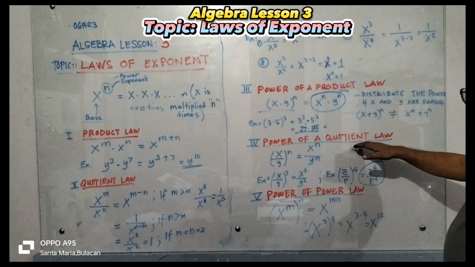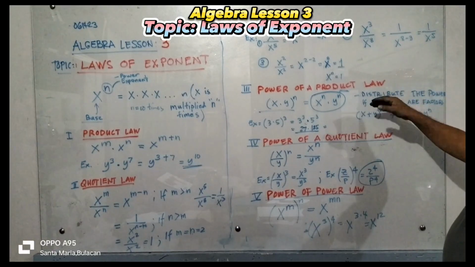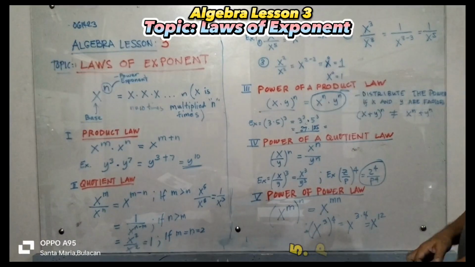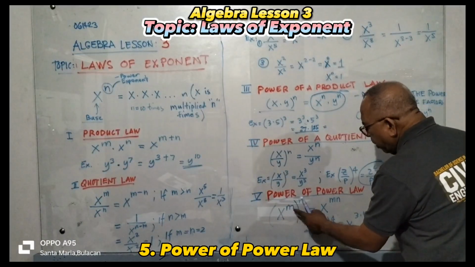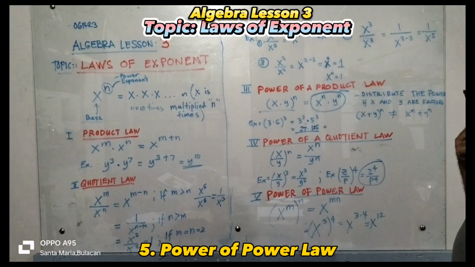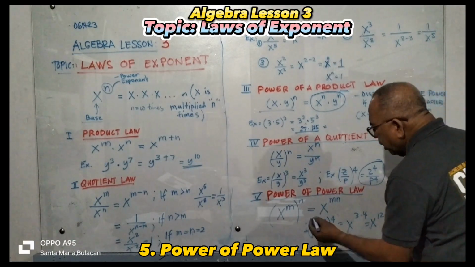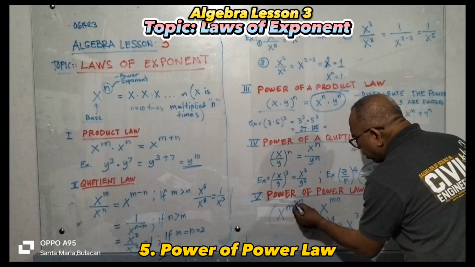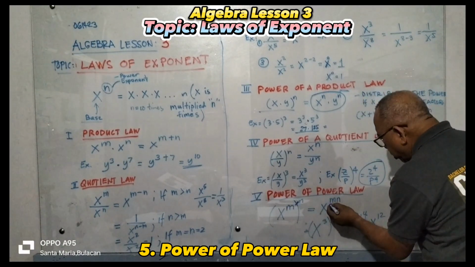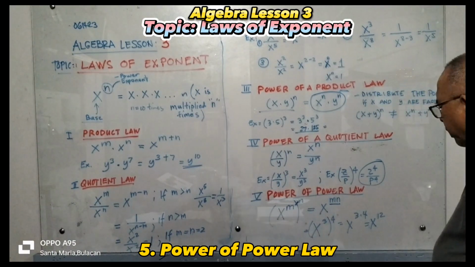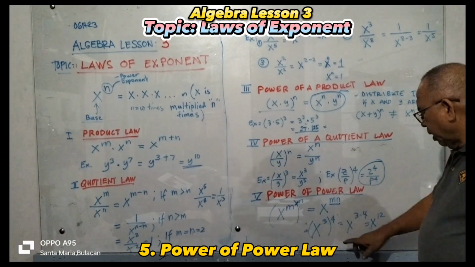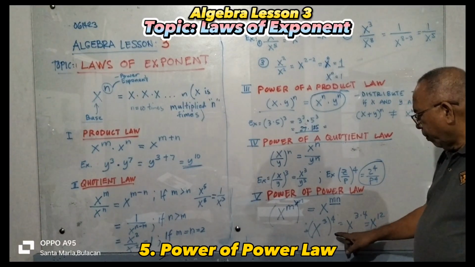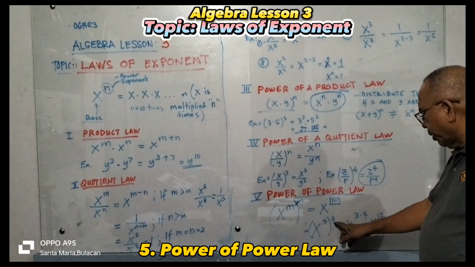So tandaan natin, power of a quotient, power of a product, then power of power. So, ibig sabihin, may power na ito, may power pa sa taas. So, anong gawin mo daw dito? So, ang gawin mo lang dito ay x dahil pareho naman. So, ito lang, multiply mo lang dito. Multiply. So, that's why you have mn. So, kunwari, x to the cube raised to the fourth.